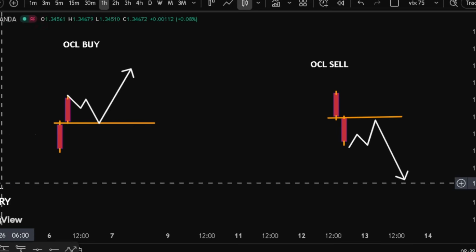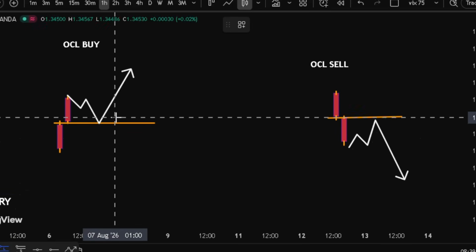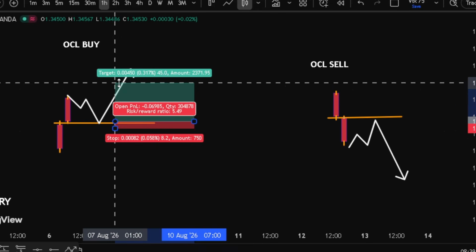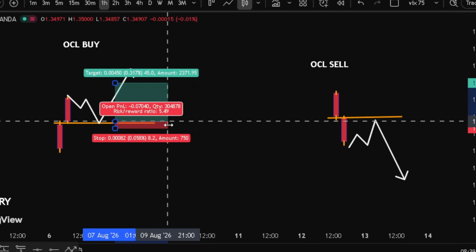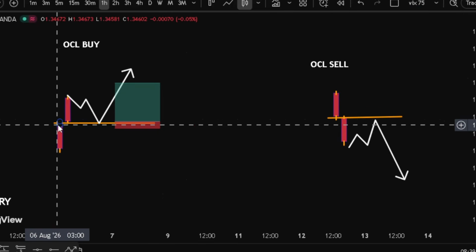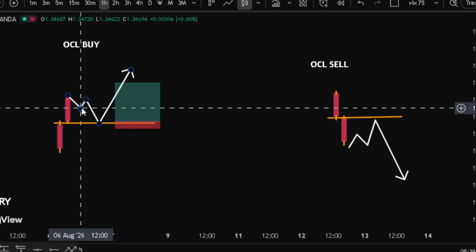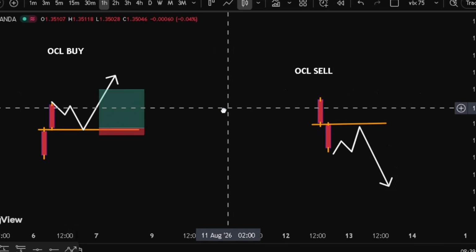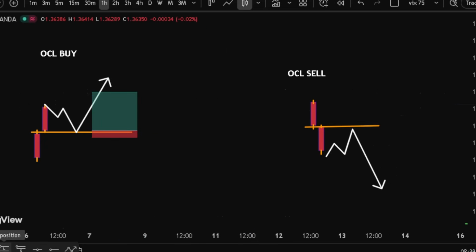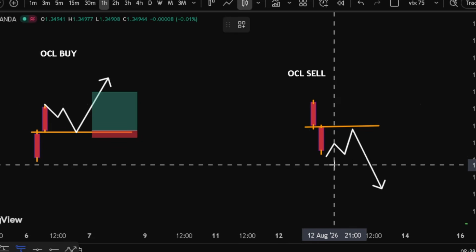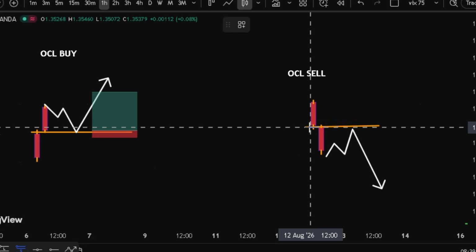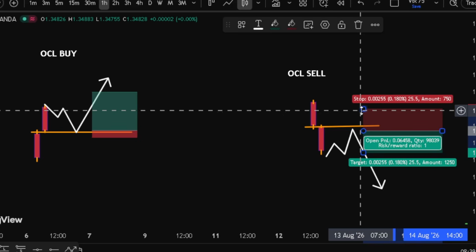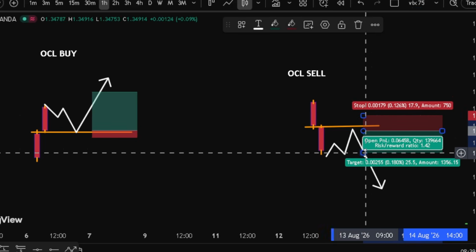So all you do is just draw your horizontal line and then you continue the trend. So the OCL buy is just used for buy setups. You continue with the upward market, whereby the market was bullish and you just identify your key level, which in this case is just the gap in between the two adjacent candles, and then you continue to buy to the upside. The same applies to when you're selling, like the market was very much bearish and now you identify your two adjacent candles, draw a horizontal line between the two candles, and then you take your entry once you get confirmation from your lower time frame.